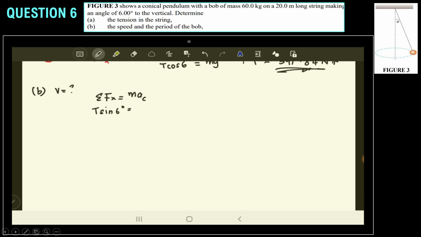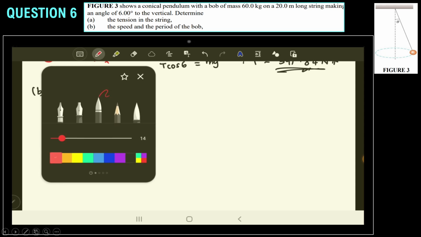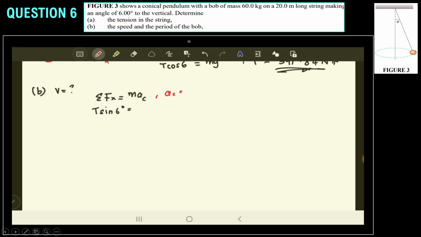We're not looking for the centripetal acceleration, so I change a_c to V squared over R. Therefore m V squared over R. We want to find V, so V is equal to the square root of R T sin 6 degree over m. Don't forget to take the square root. Substitute all the values, and the answer should be 1.47 meter per second.